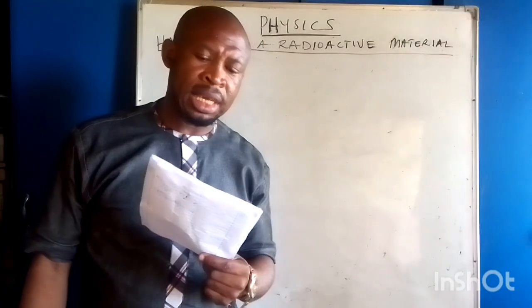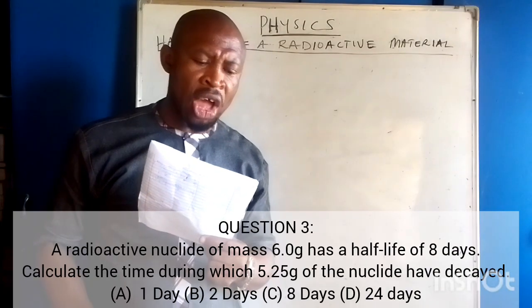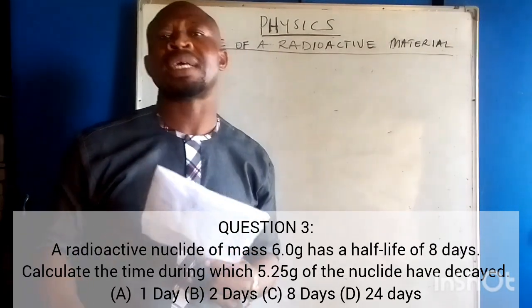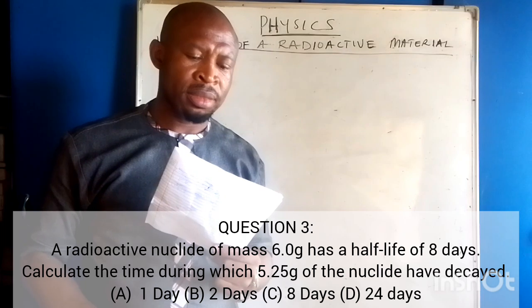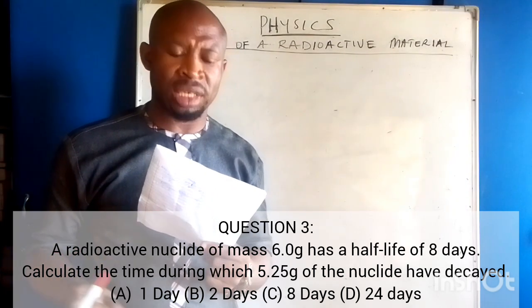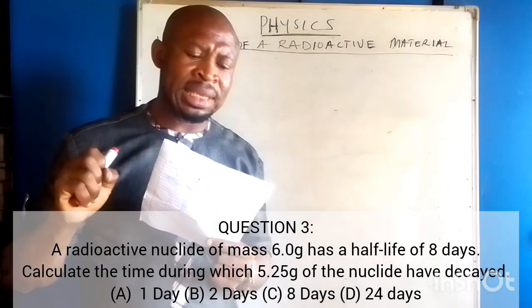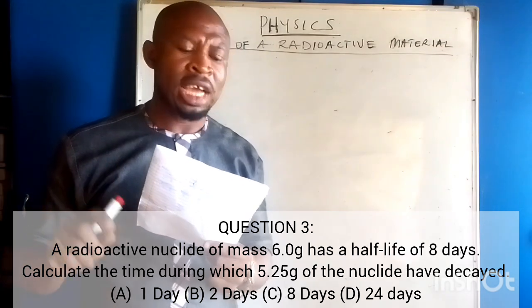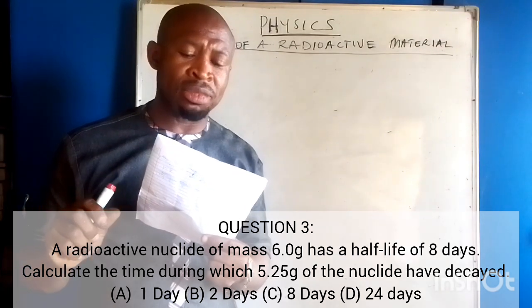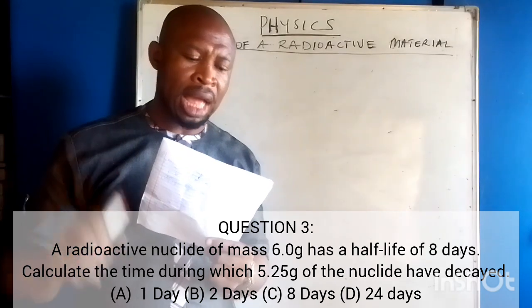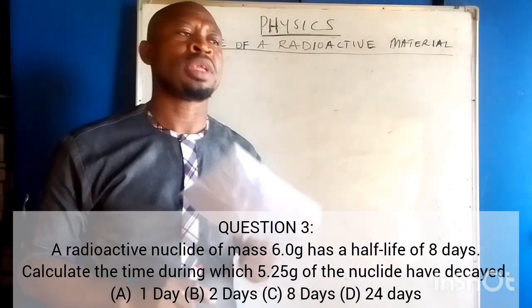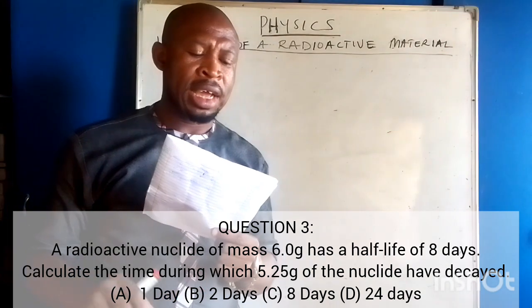Okay, now we'll take the next. This one says a radioactive nuclide of mass 6 grams has a half-life of 8 days. Calculate the time during which 5.25 grams of the nuclide have decayed.